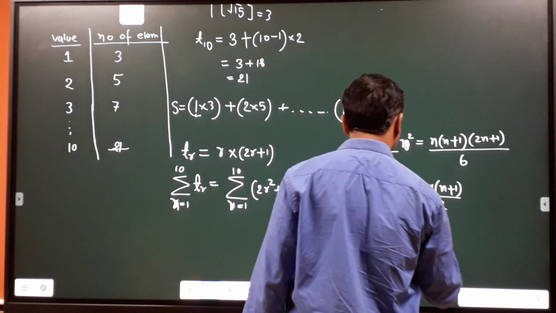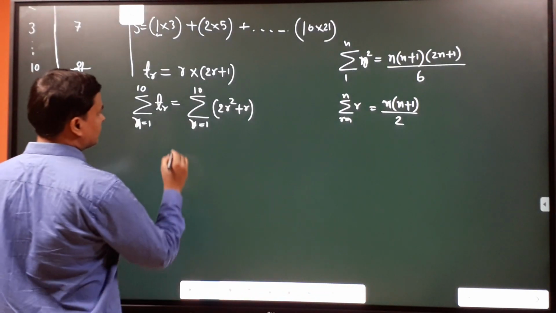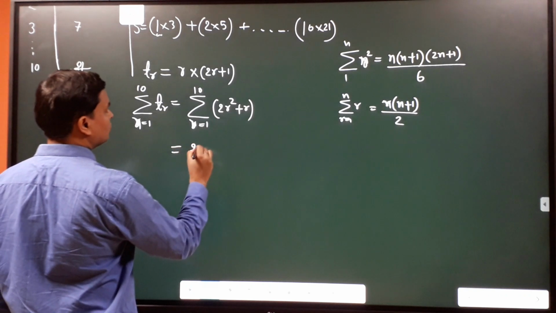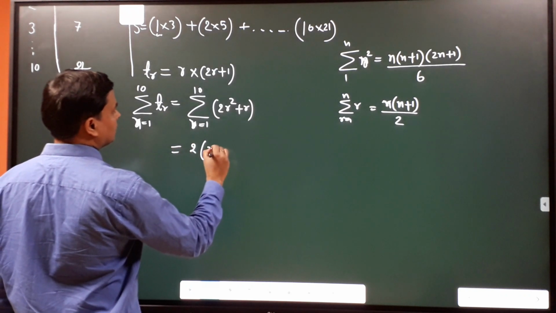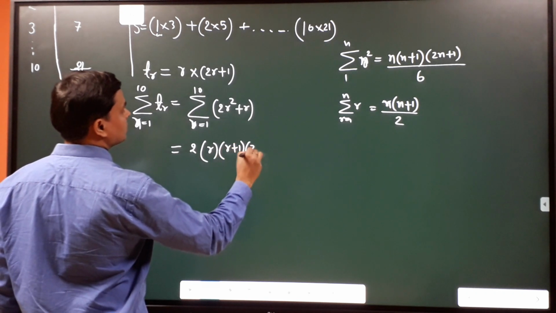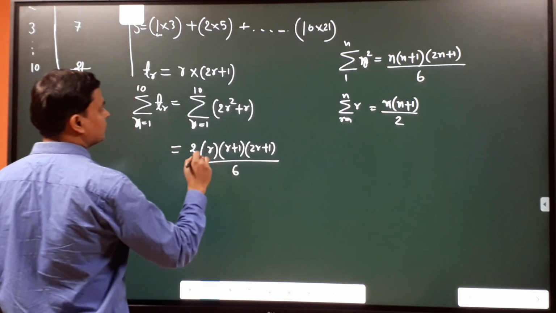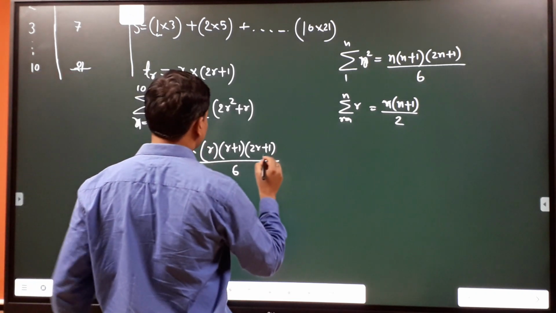So here we will be using these two formulas and calculating it. So the first term will be 2 into n into (n plus 1) into (2n plus 1) upon 6, and we need to put the value of n as 10.